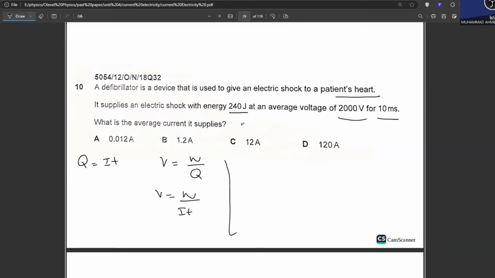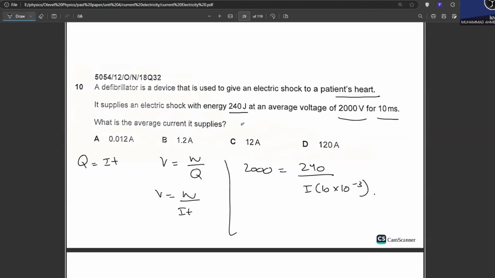So let's place it here. Your voltage is 2000. Your work done is 240. Your current is I. Your time is 10 milliseconds, 10 into 10 raised to the power of minus 3. Let's calculate it. 2000 into 10 raised to the power of minus 3. We will divide 240 by this.